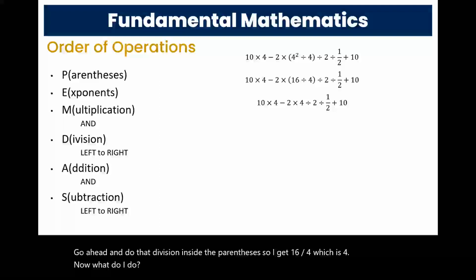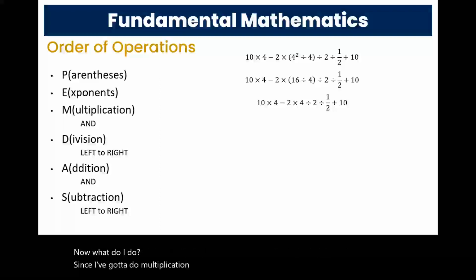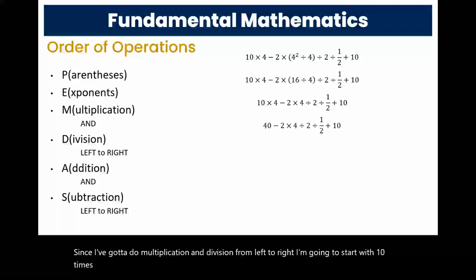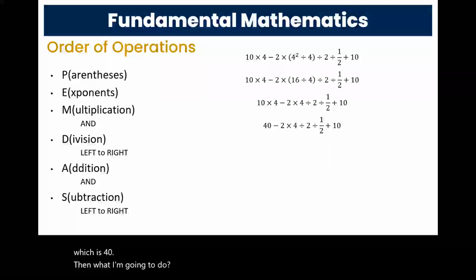Since I've got to do multiplication and division from left to right, I'm going to start with 10 times 4, which is 40. Then what am I going to do? The 2 times 4, because I'm going to continue from left to right, that gives me 8. Then what?